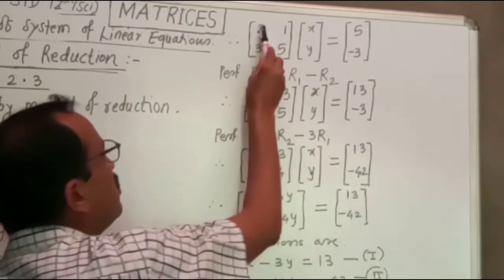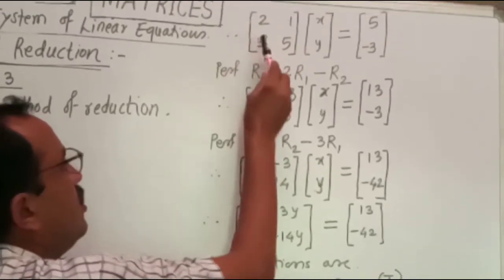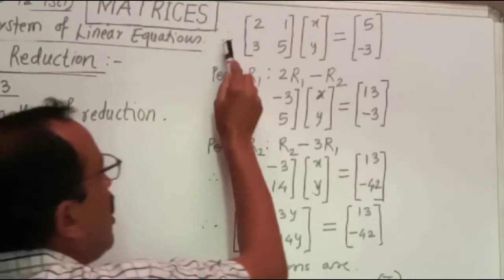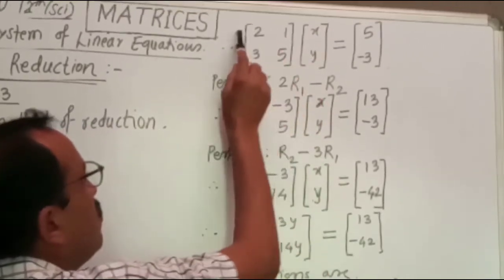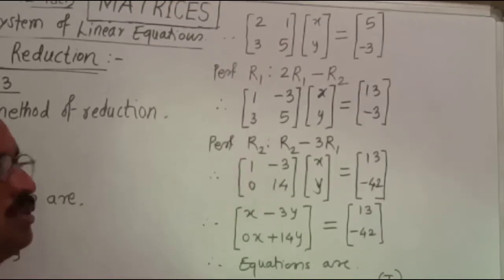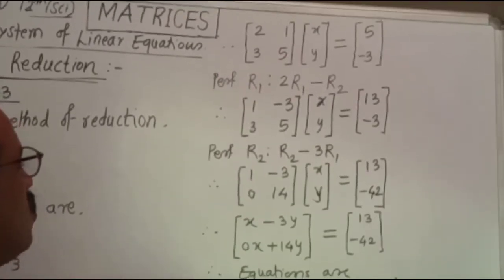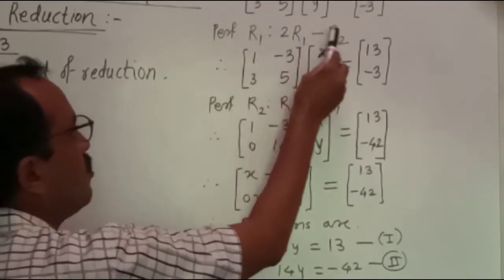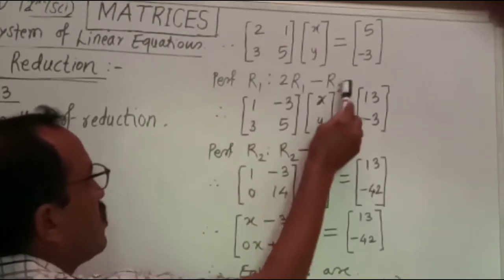That means this element is 2 into 2, 4, and then 4 minus 3. So we subtract R2 from 2R1. Then we get the first element as 1. So I write the transformation performing R1 such that 2R1 minus R2.